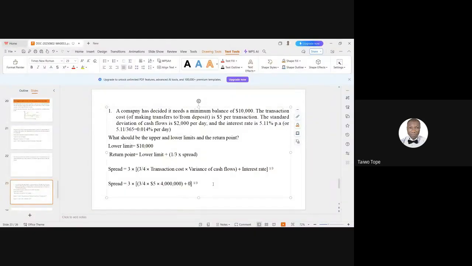That will be 0.014%. You know, some people will just carry that 0.014 and put it. But 0.014%, what is the value?